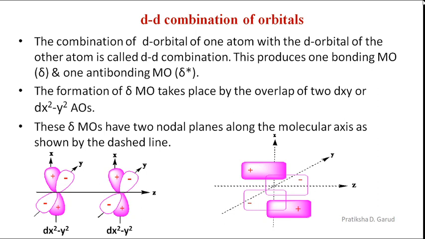And in that resultant there is the overlapping of positive positive, negative negative, again negative negative, and positive positive. This is called the delta molecular orbital. So this is the formation of the delta molecular orbital. Similarly we can form the antibonding MO, which is called the delta asterisk ABMO.